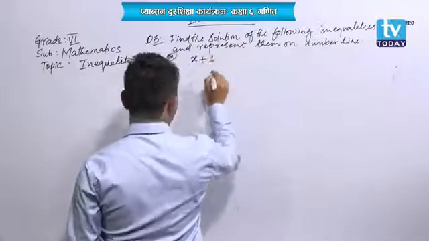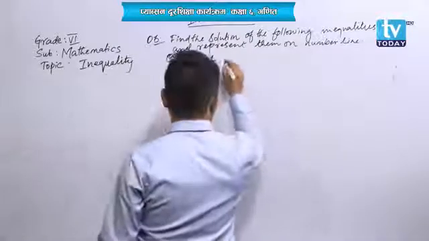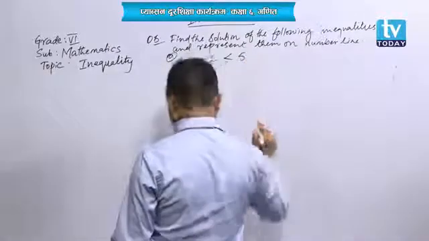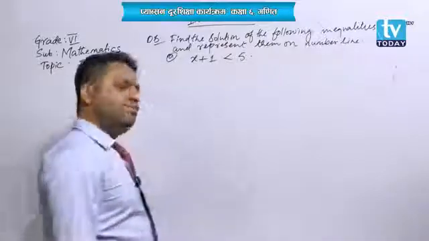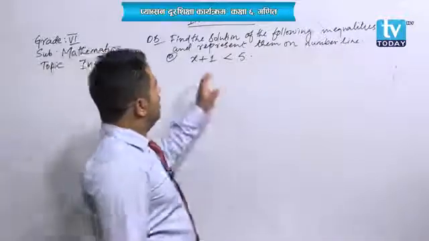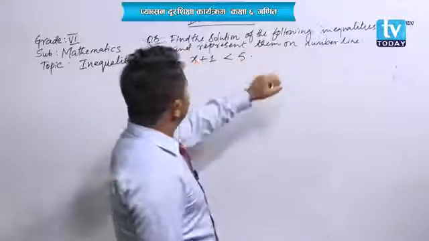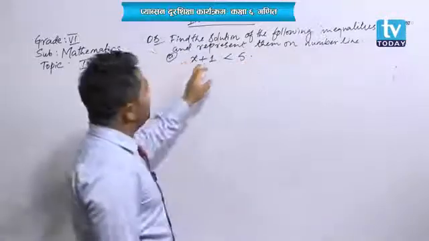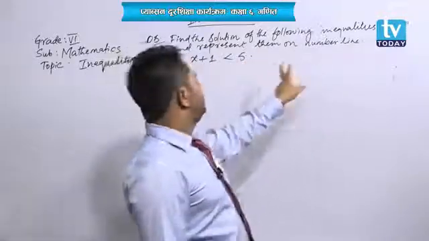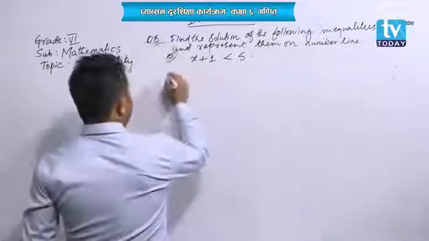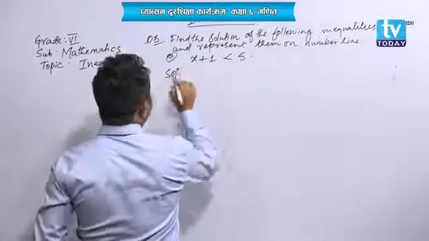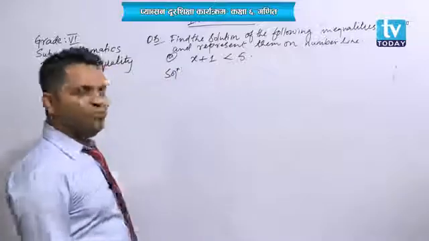x plus 1 less than 5. Okay. Now find the solution of the following inequalities and represent them on number line. So our question is x plus 1 less than 5.